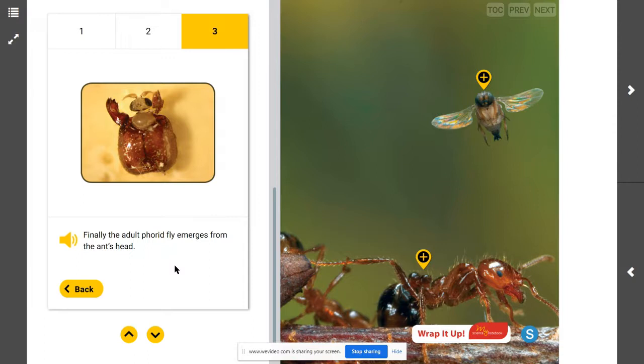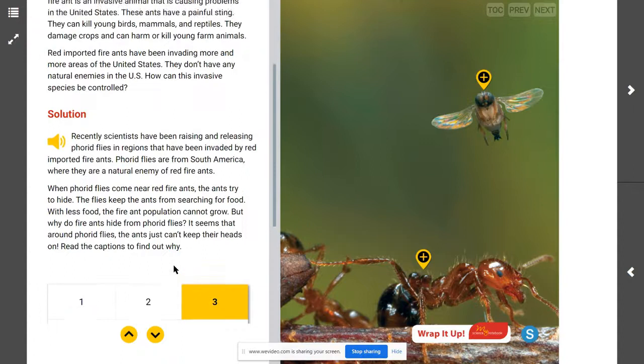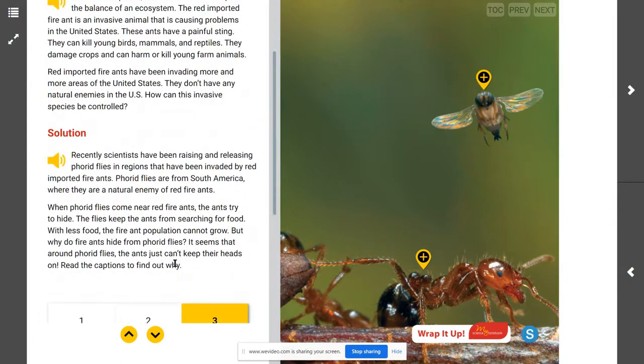And the red fire ant is dead, and we have a brand new phorid fly to hunt down more of this invasive species. Okay, so just to recap here, the solution is scientists bring in a natural predator of the red fire ant.